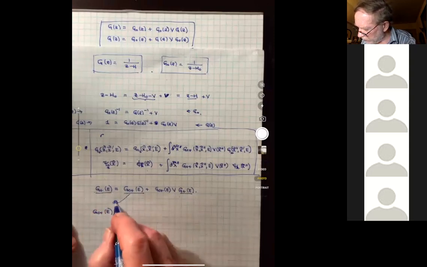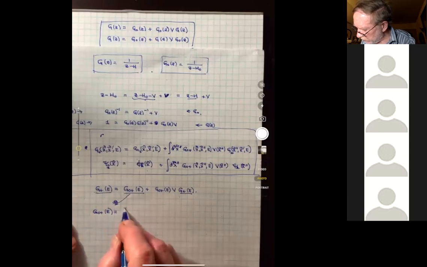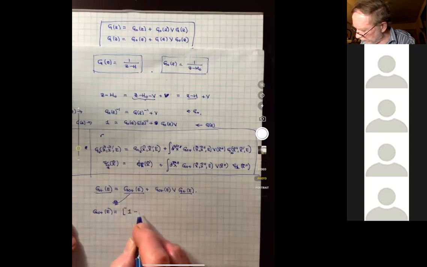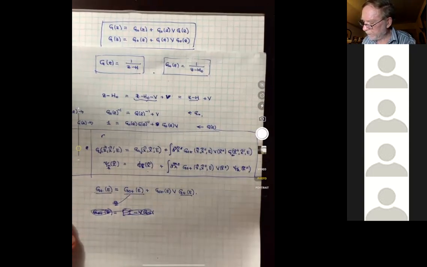I solve for the G0 plus of E, this is equal to 1 minus... Excuse me. Sorry, let's do it right.